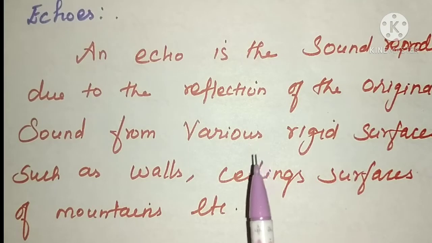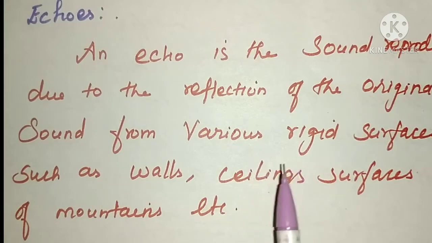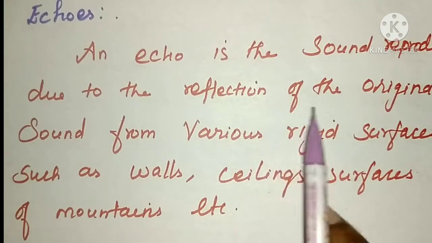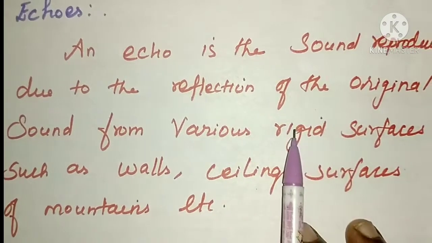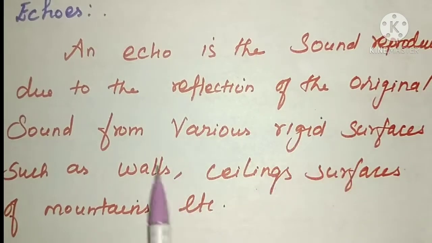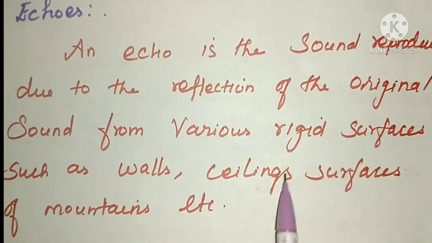You all know that, isn't it? You all have heard about the echo sound. An echo is the sound reproduced due to the reflection of the original sound from various rigid surfaces like walls, ceiling, surface of mountain, etc. If you stand near the mountain and you are speaking, what can you hear? We can hear our echo sound, isn't it? Yeah.